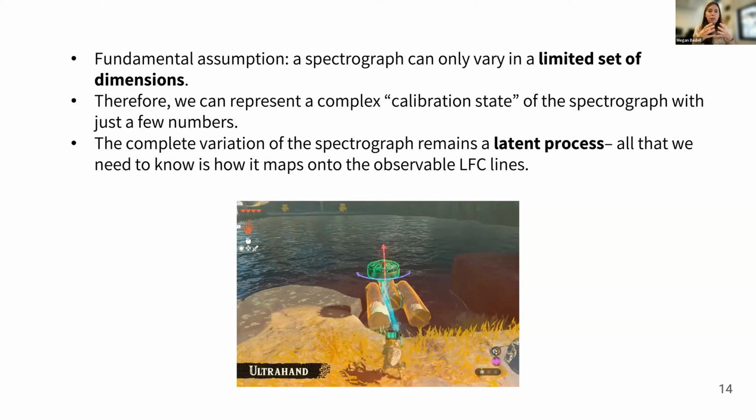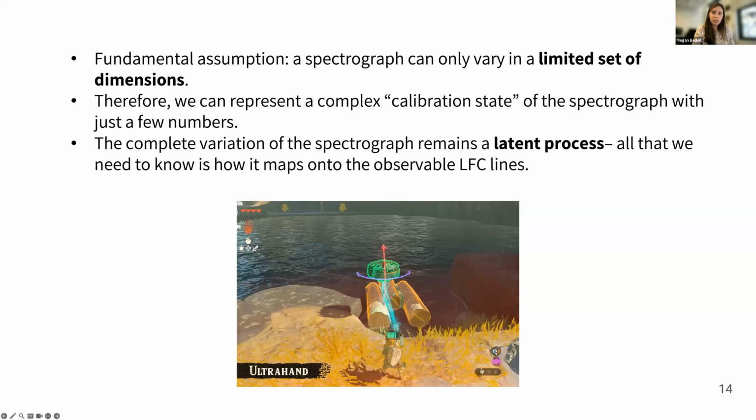The spectrograph's calibration state can remain a latent process that we're never directly modeling and inferring. What we want to infer is the projection of that calibration state onto the observable things. So we could think of it as inferring the correct axes along which to manipulate the spectrograph in order to explain the observable wavelength calibration state.